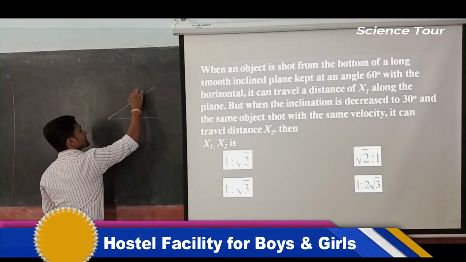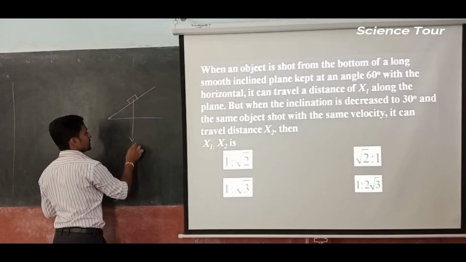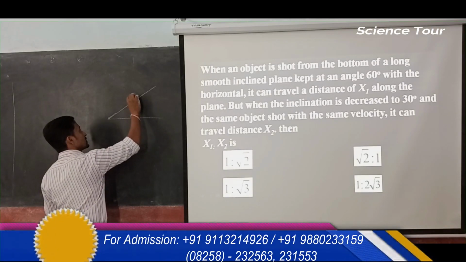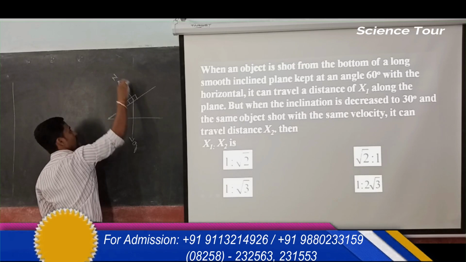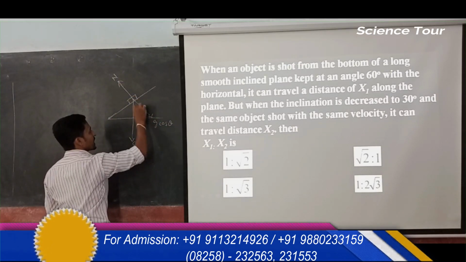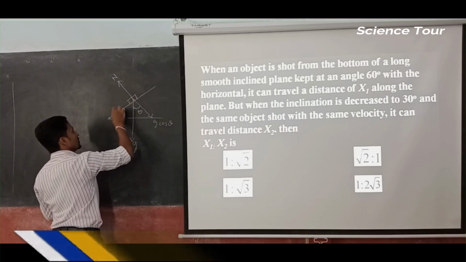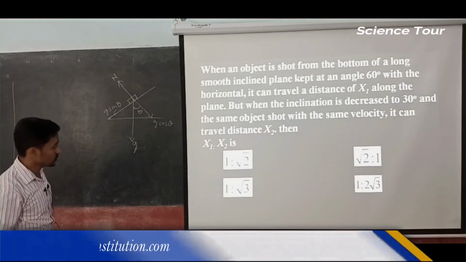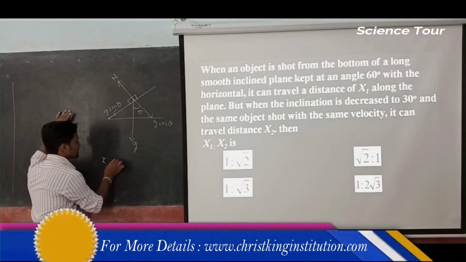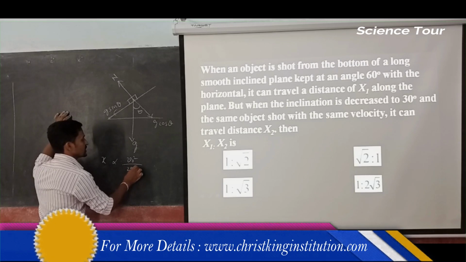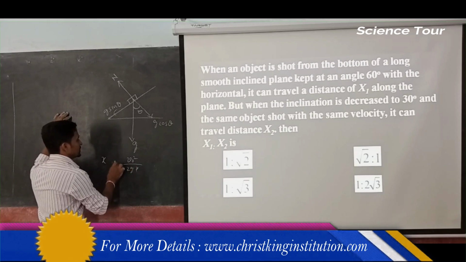So if the object is like this, mg will be in this way, or the acceleration due to gravity will be in this way. This is the normal reaction. So g cos theta it becomes, and g sin theta it becomes. So the acceleration is g sin theta. Now we know that the stopping distance is v naught squared by 2g, isn't it?